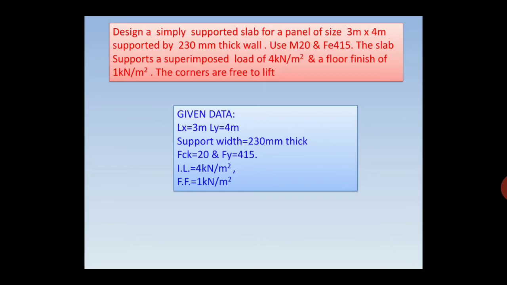The imposed load, now see here, they have not given the live load and dead load separately. Both together are combined and given as imposed load, which is 4 kN per meter square. And the floor finish is 1 kN per meter square.